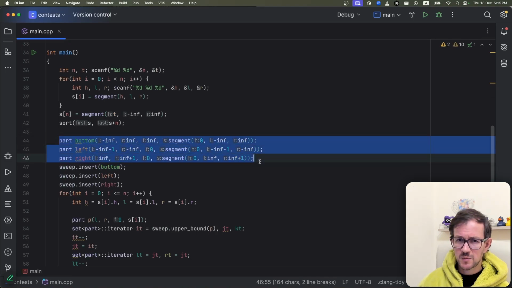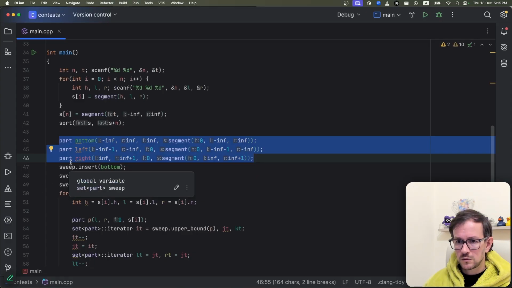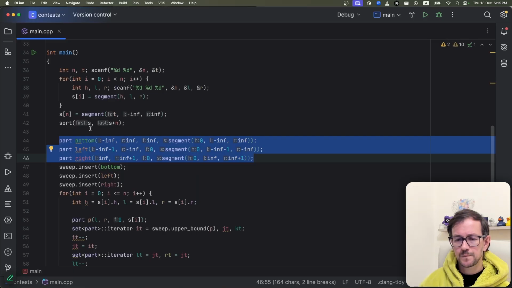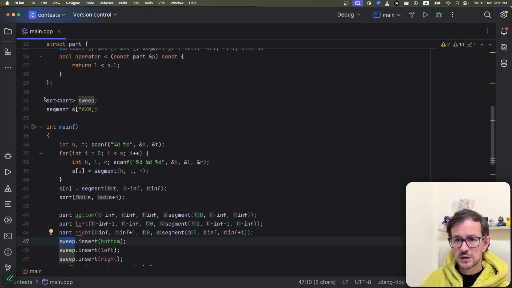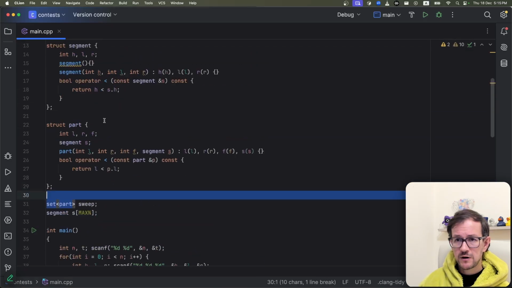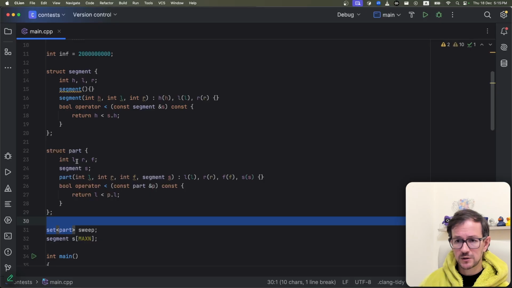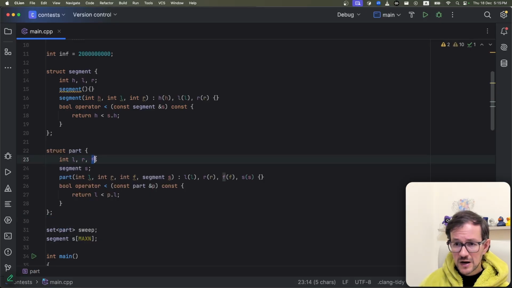We have some extra segments to avoid problems with border cases. So this sweep is a set of parts. Every part is basically a segment with some parameter f. We calculate the flow on the go.